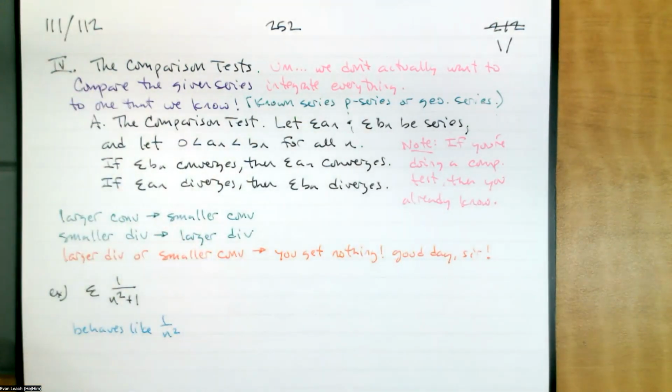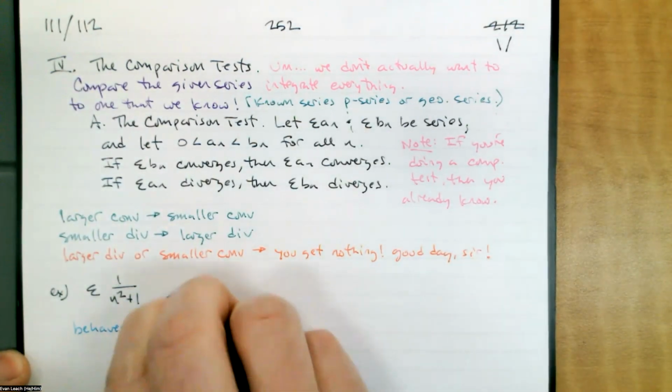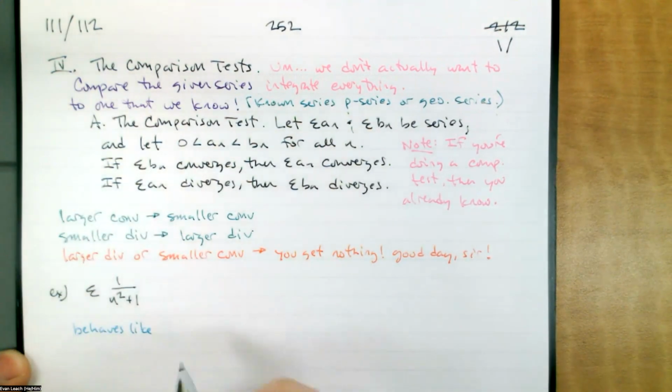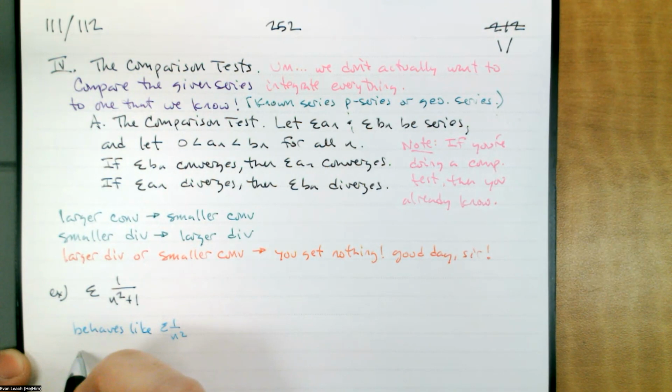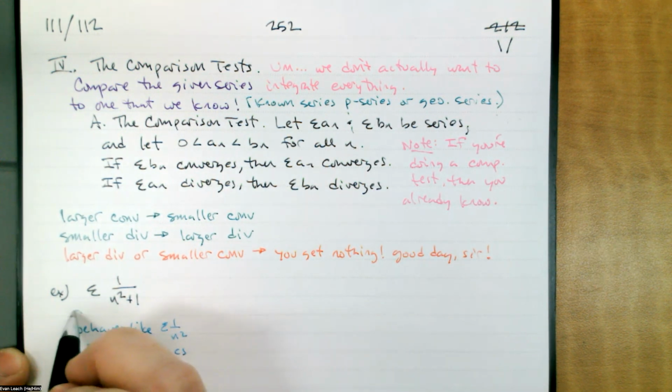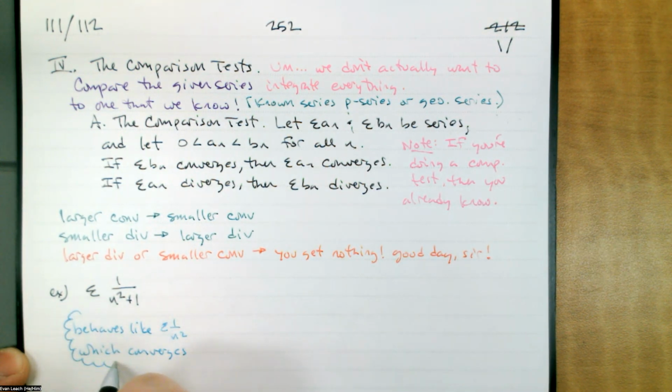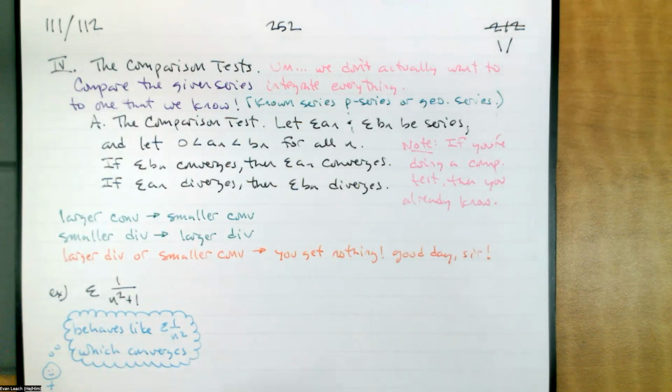Oh, we should be a little more careful, even in our thoughts. We're thinking that this behaves like the series 1 over n squared, which converges. Remember, this is just thinking. So we're going to conclude that this converges.